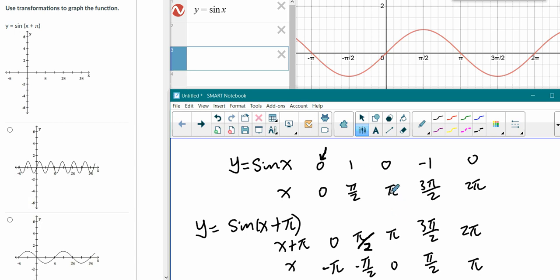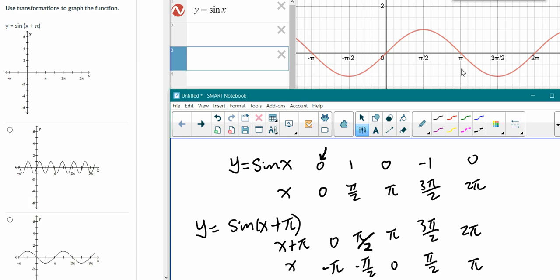Similarly, if you have sine pi, which will give you 0, you see right here. And then in order to have x plus pi is pi, you just need x to be 0. Because 0 plus pi, here you got pi, and then sine pi is 0.